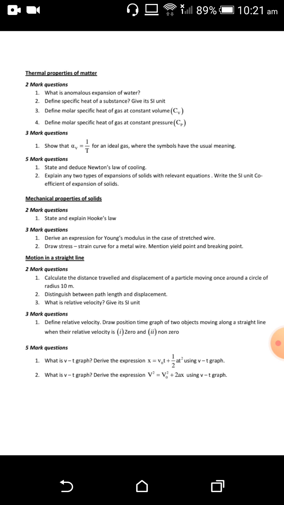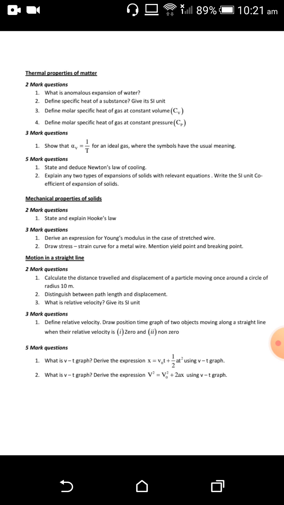So 1 mark will be allotted for the statement and the rest 4 marks for the derivation. So 4 plus 1, 5 marks. Hence this Newton's law of cooling derivation is important. You can go through this question, almost in all the final examination papers.